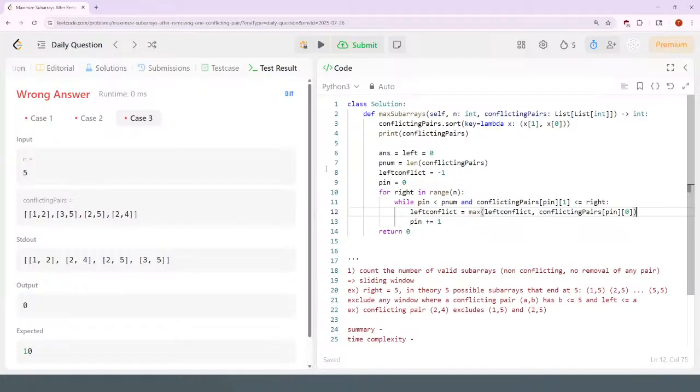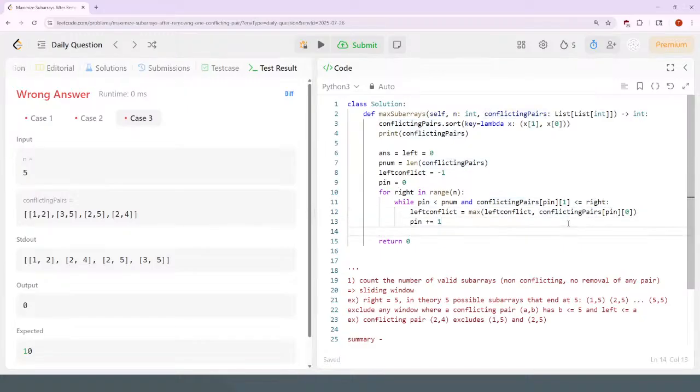Okay, so if there was a tie, like the window went to index 5, between 2 and 3, it should use 3 as the thing that conflicts.